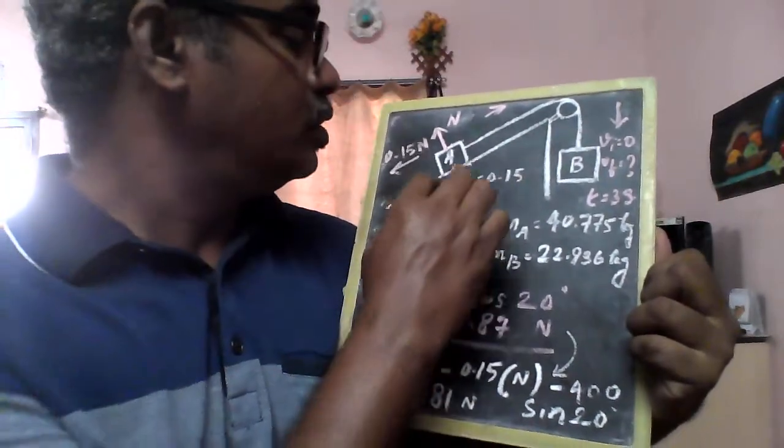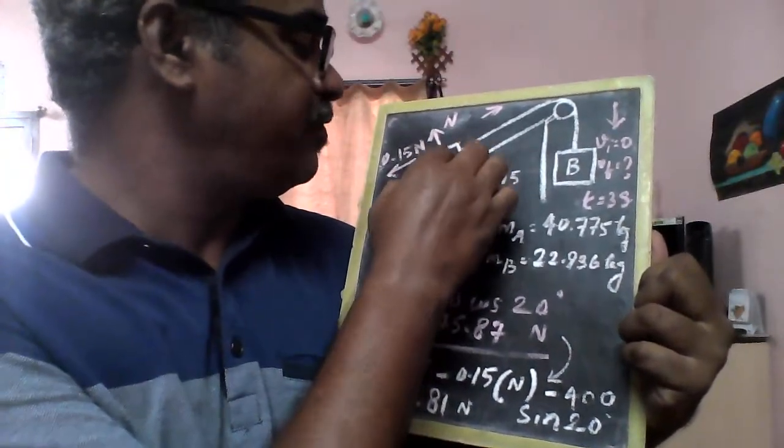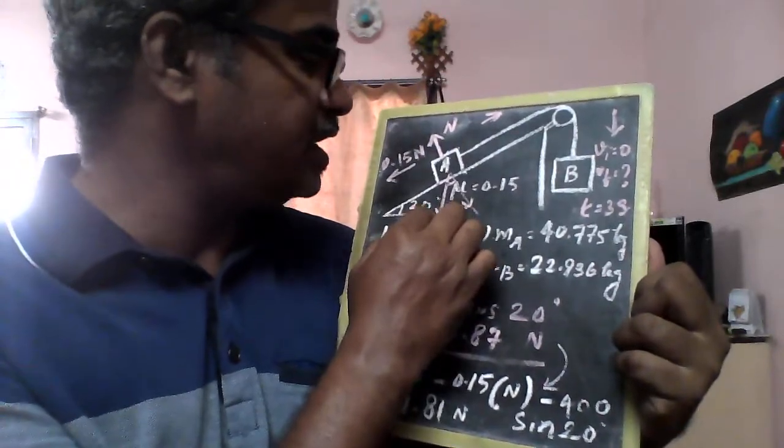Here, for body A on the slope, the weight acts vertically downwards.